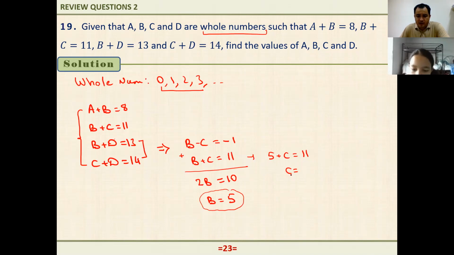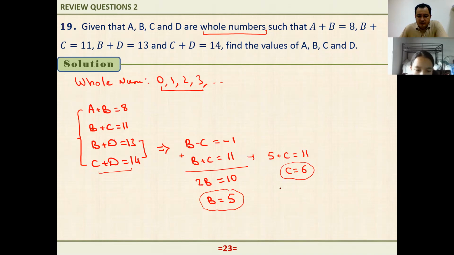Okay, so what is the value of C then here? That is 6. Yeah, 6. Now we got a second answer. Now I will substitute this where we have C here. So if I substitute here, we can get the value of D, right?